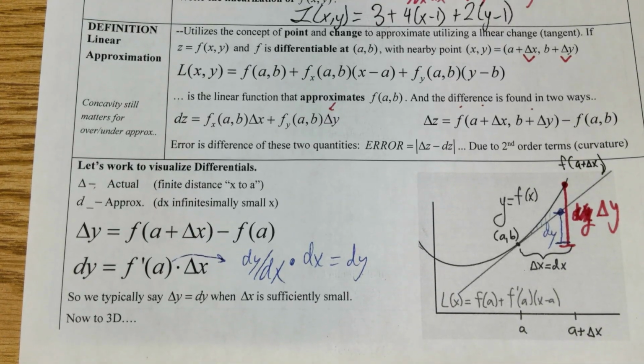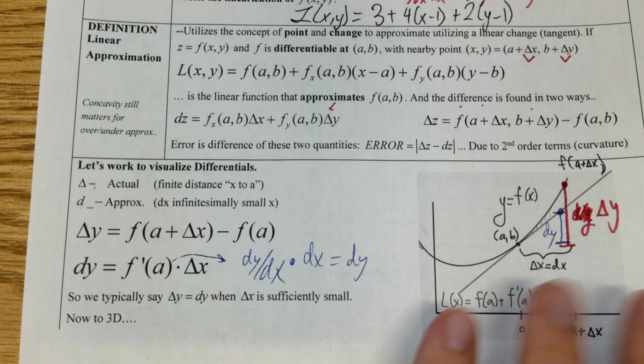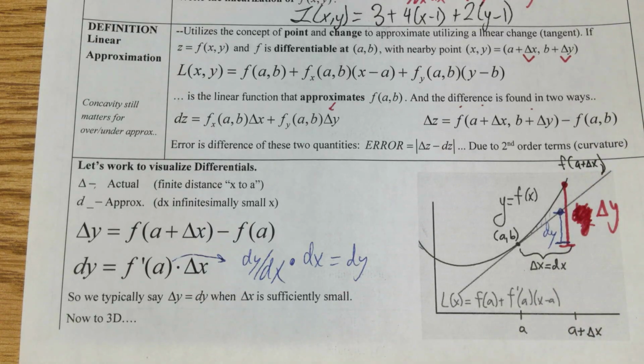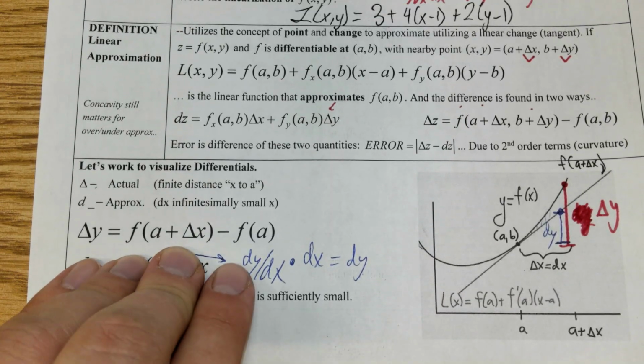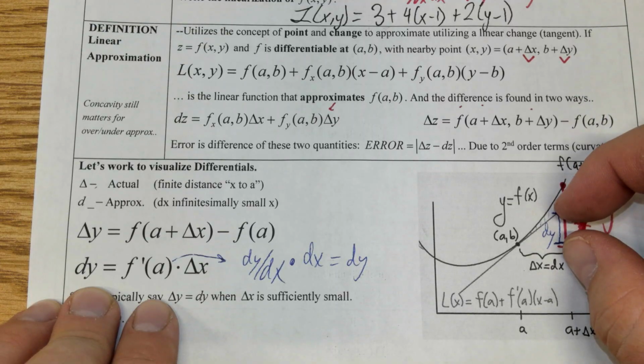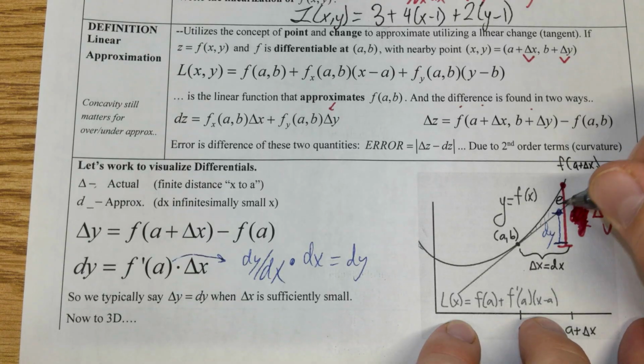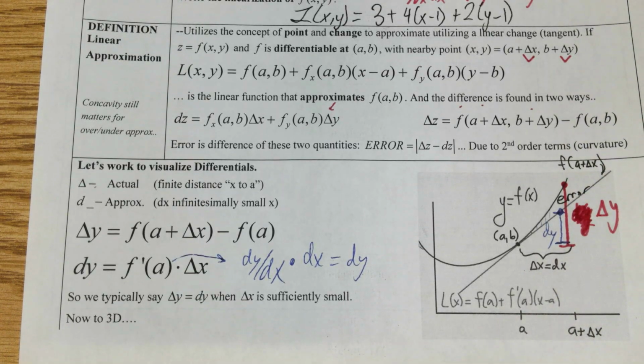That's tragic. I'm really frustrated I did that. Hopefully you can hear my frustration, why I'm trying to be really clear in this video, because my lesson today was convoluted in this concept. So I really am trying to clarify. The actual is the delta, the differential is the approximate. And again, my error lives right in here, the distance between the two.